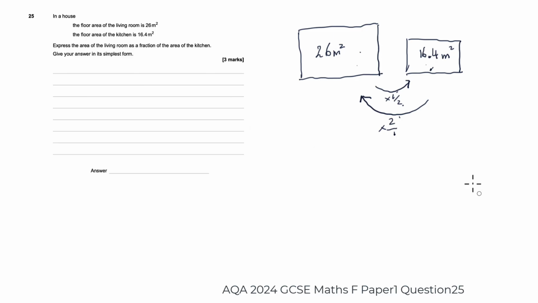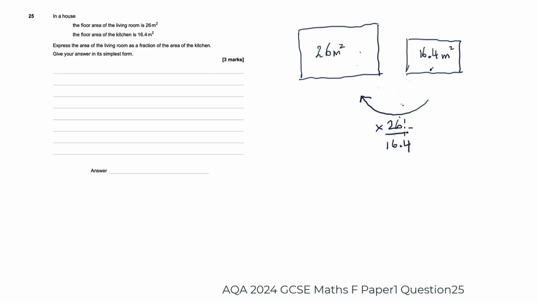So we can get rid of these. These are not correct. So let's just wipe these out. So what we're having to do is we're having to put the living room size on top of the kitchen size.